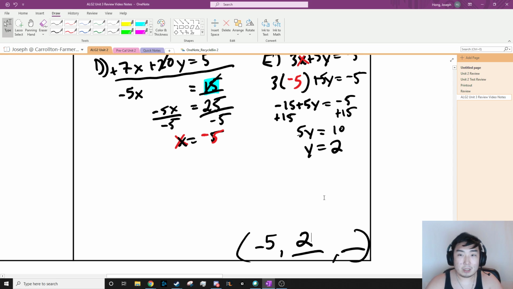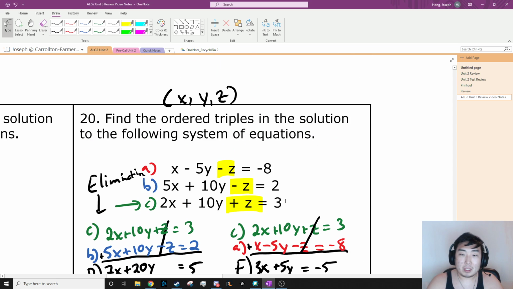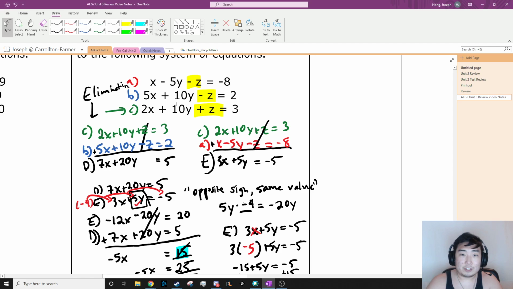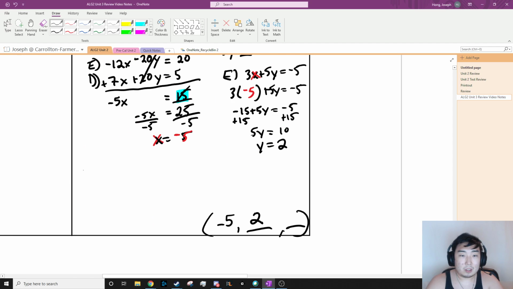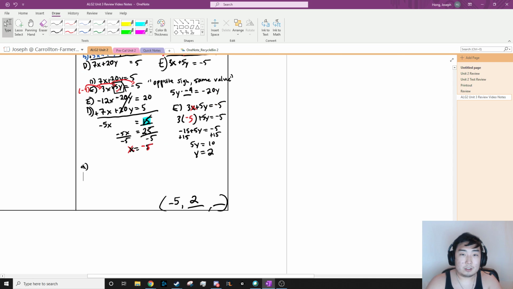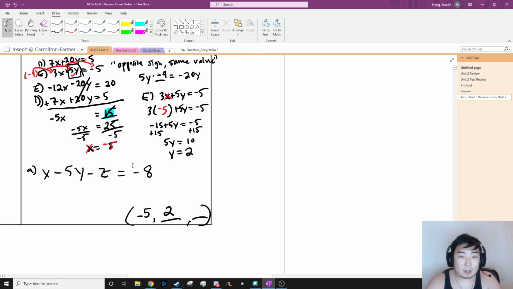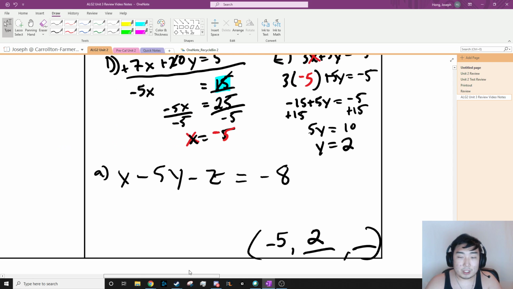And now I just choose A, B, or C. And yes, I said that we're going to use equation C all the time, but we're going to do equation A because the coefficients are smaller. So equation A, I'm going to zoom out just so I can copy this correctly. This is x minus 5y minus z is equal to negative 8, okay? But I know what this is. This negative 5 is here.